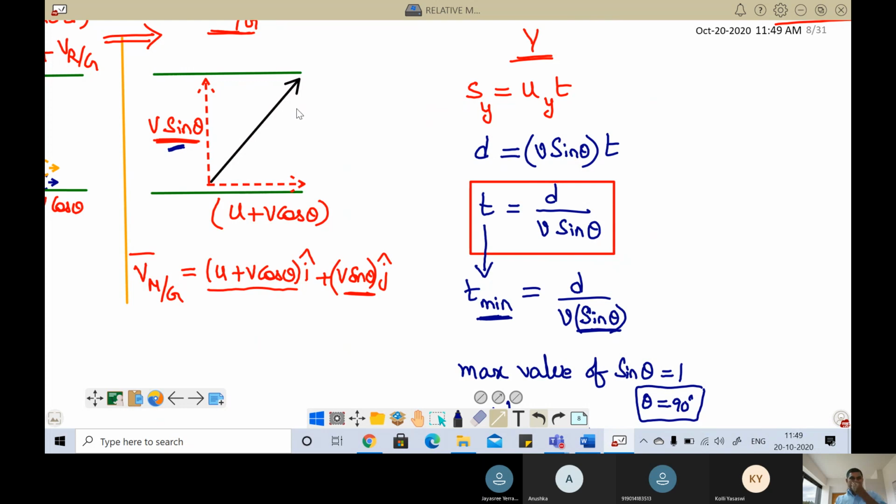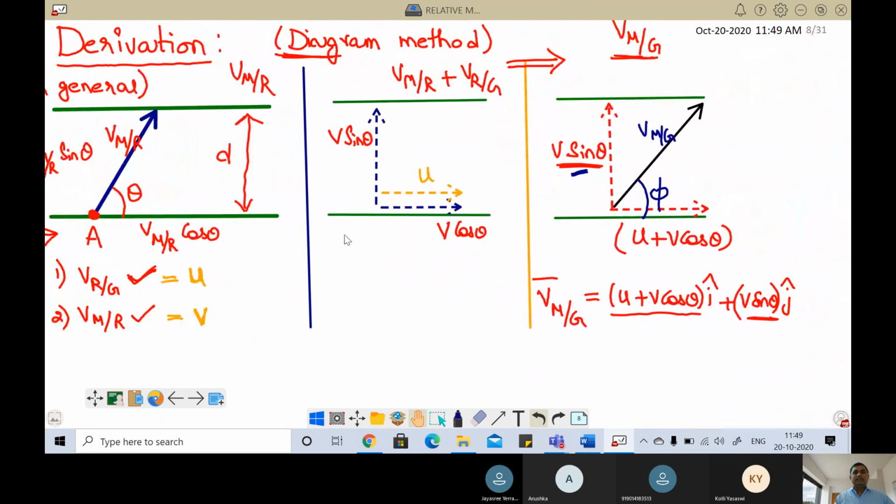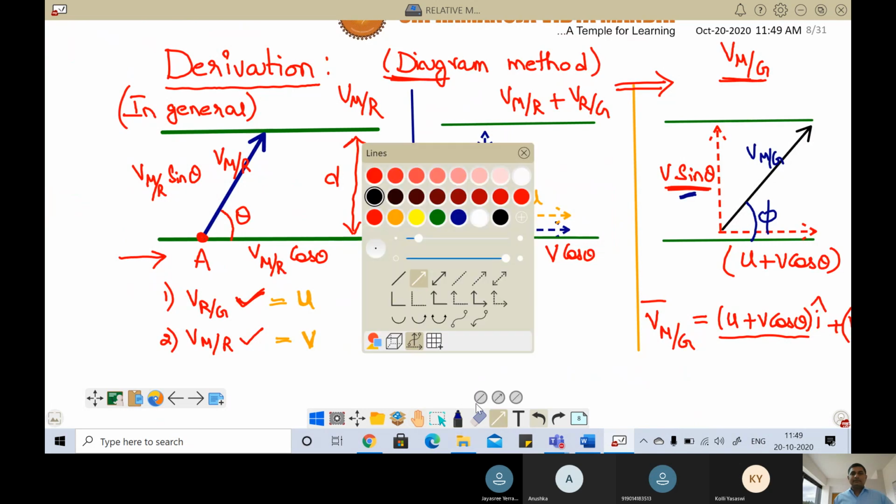This is the final velocity, that is, the velocity of man with respect to ground. Now this angle they'll ask, let us say this angle is phi. This angle is different from theta, please remember, don't get confused. This angle is theta right now, but phi is what?